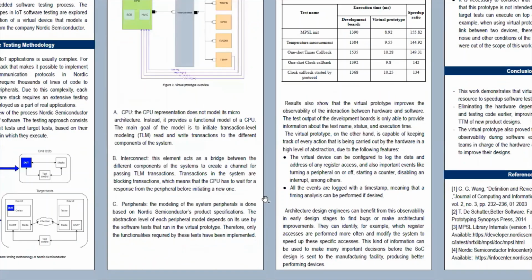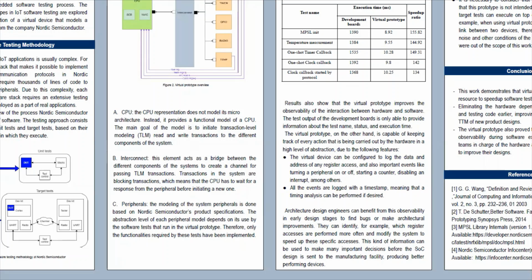The results also show an improvement in the observability of the interaction between the hardware and the software, where it was limited to the test name, the test status, and the execution time in the target test. And it has been extended to capture all the actions of hardware in the virtual prototype.